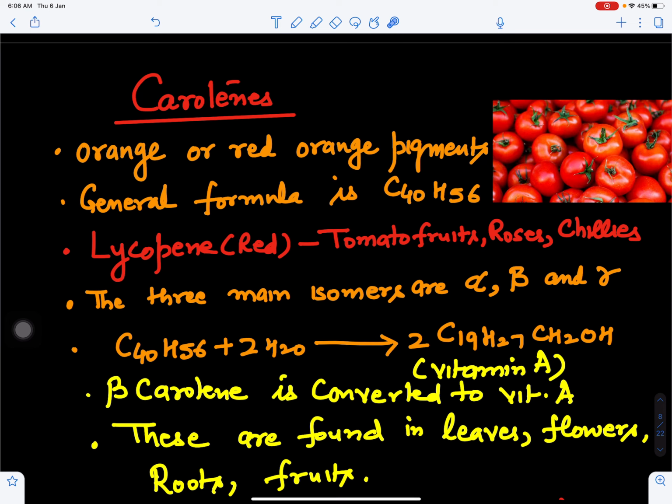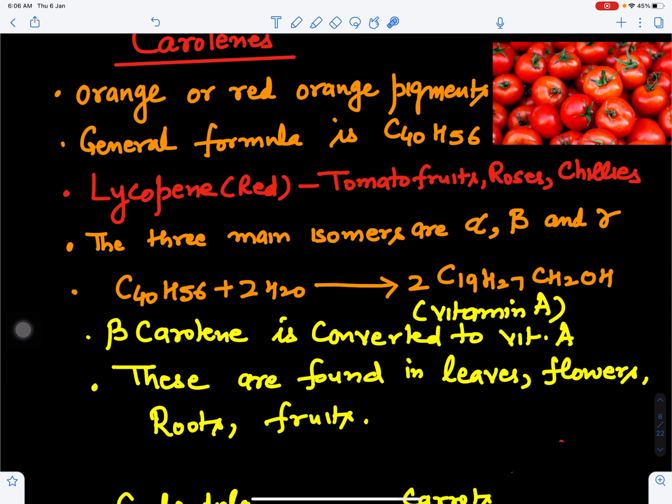These carotenes, which have the general formula C40H56, can also give rise to vitamin A. This is the formula for vitamin A, C19H27CH2OH. So that's why people say eat carrots and tomatoes, then your eyesight will improve, because eyesight improvement is due to vitamin A. So these are rich in vitamin A, and we can say beta carotene can get converted to vitamin A.